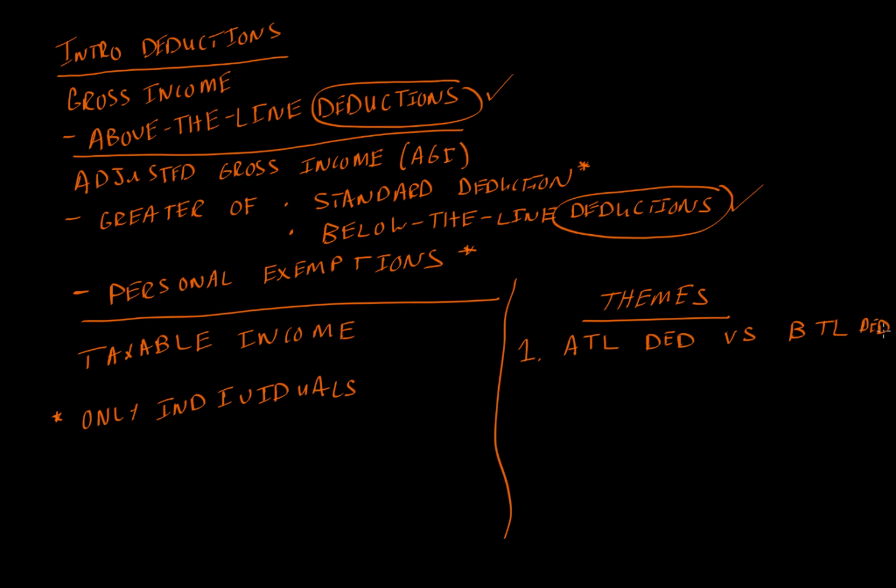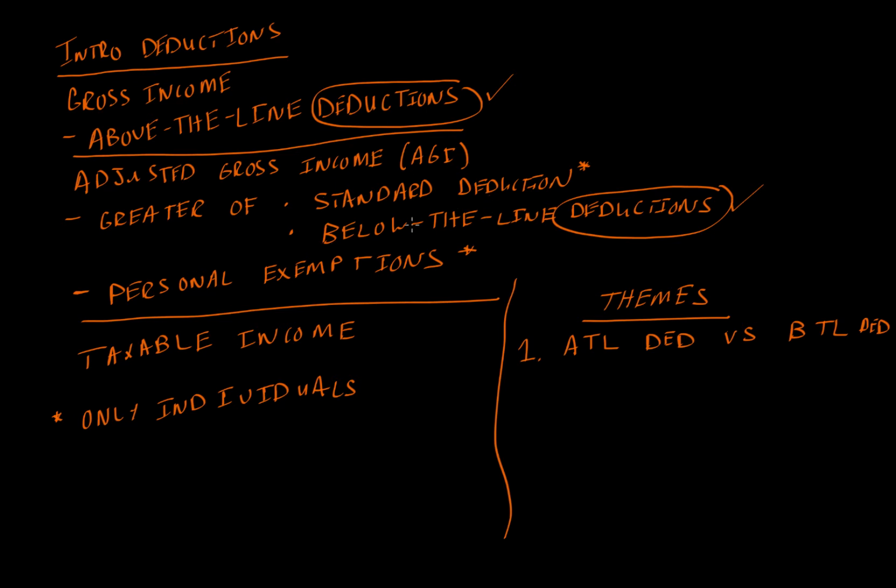So which one is generally better? Above the line deductions almost always are better for a taxpayer. So if you have the option of getting an above the line deduction or below the line deduction, you want the above the line deduction. And there's a few reasons why. First, just looking at this formula, you can see one reason. Above the line deductions come from gross income, but the standard deduction is not a function with respect to above the line deductions.